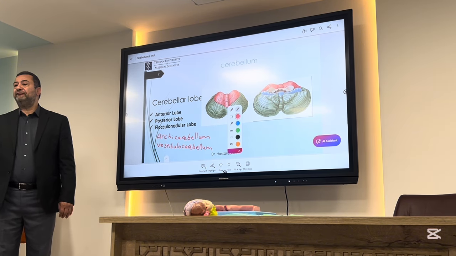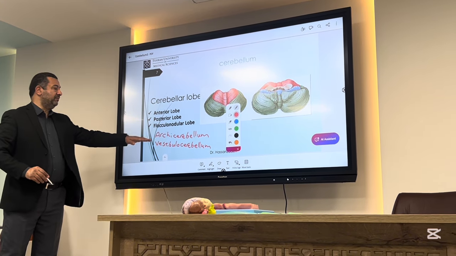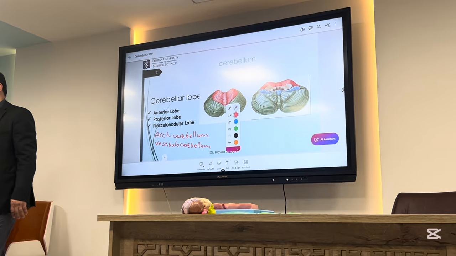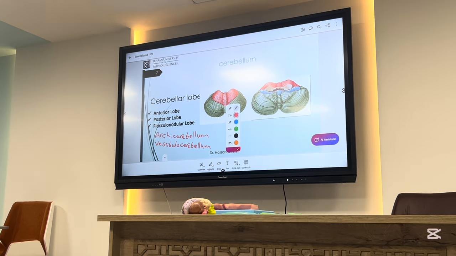The main function is balance and equilibrium. Is it clear?